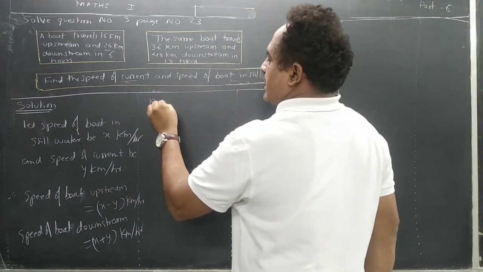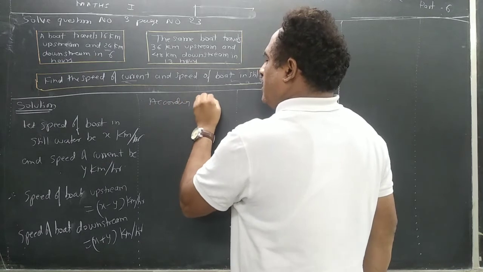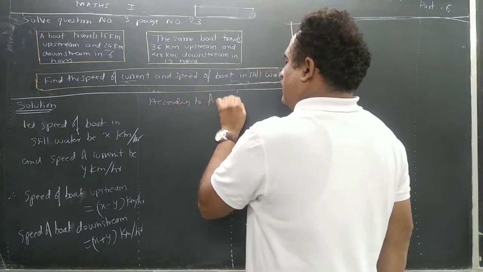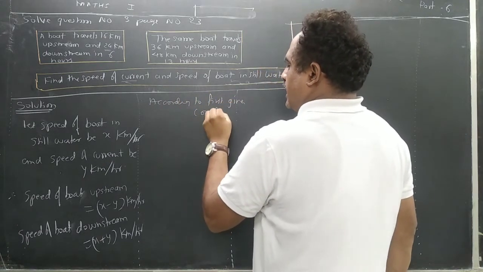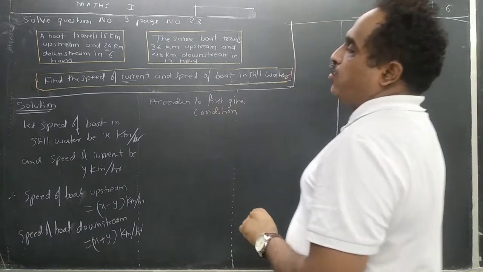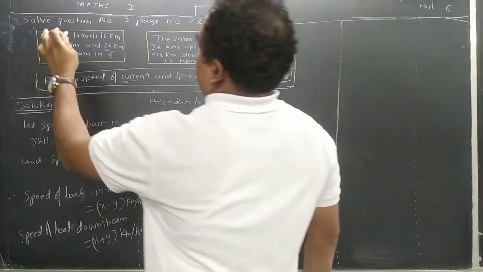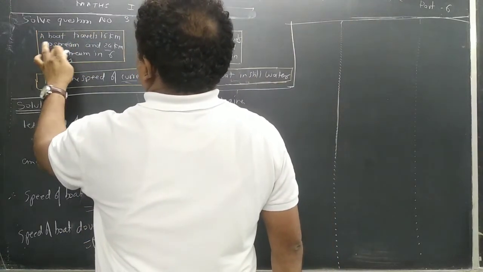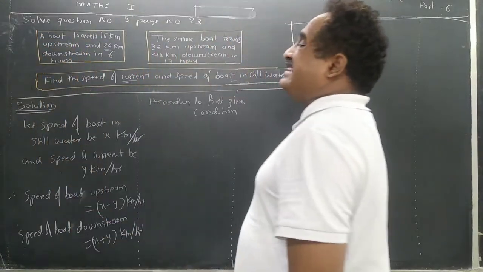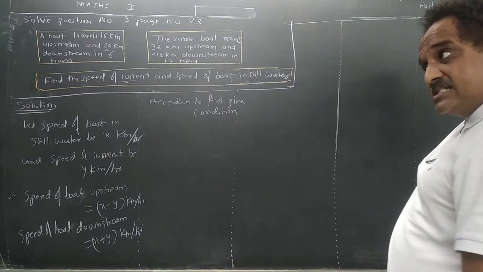So I am going to write according to the first given condition. The boat travels 16 kilometer upstream and 24 kilometer downstream in 6 hours.